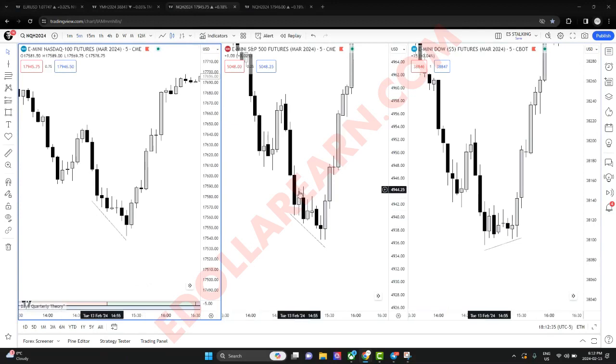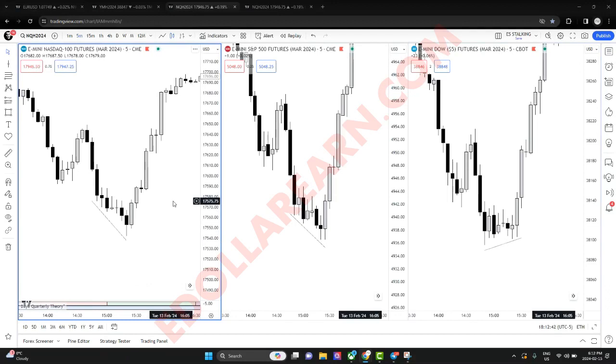Right, so all of this is fractal, right? Anything that works on the daily time frame works on the daily cycle, works on the weekly cycle, and if it works there, it works on the monthly cycle, and so on. 90-minute cycles, the macro cycles, right?